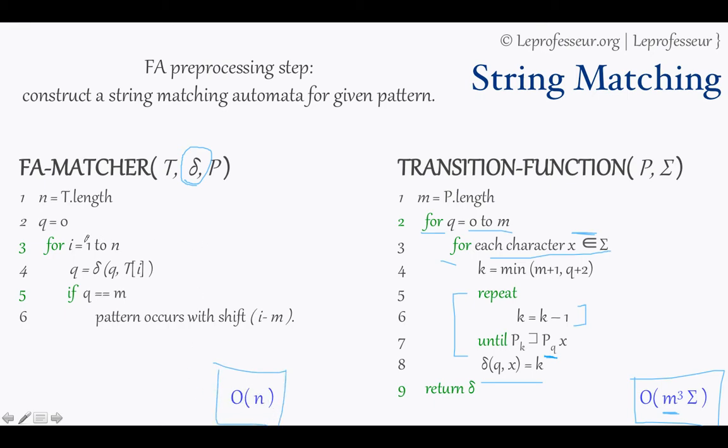You just have one for loop and you just process the whole text string once and find out its transition function for each character in the input string. And if you find the value which is equal to the length of the pattern m, then just say I found the pattern.